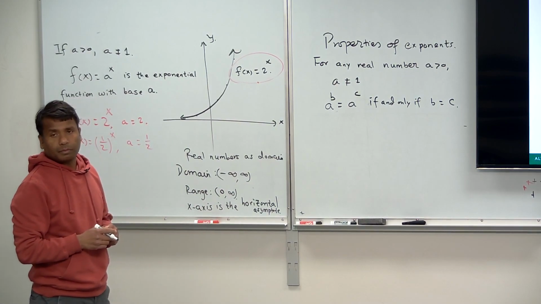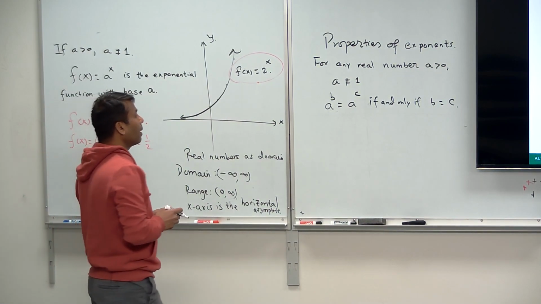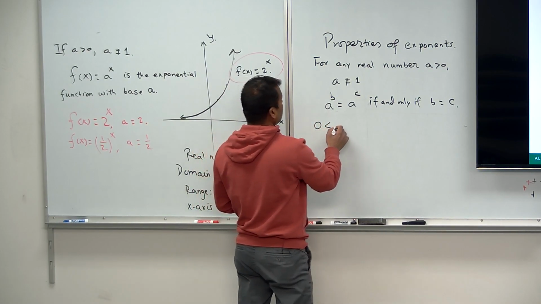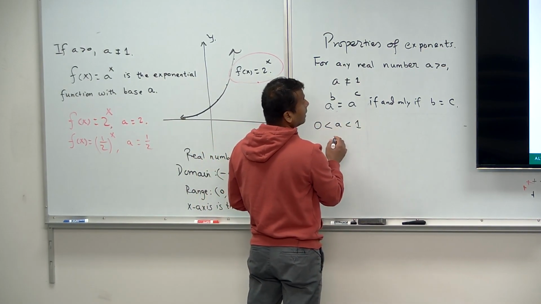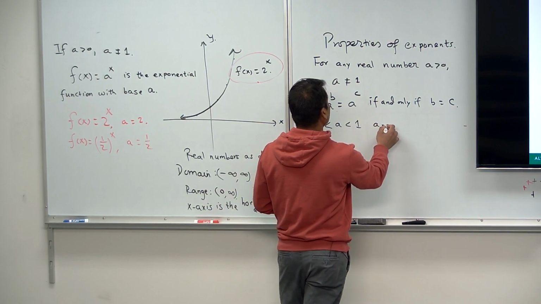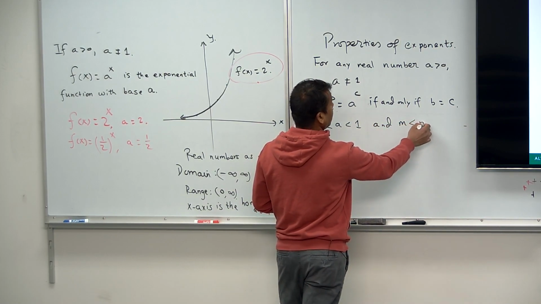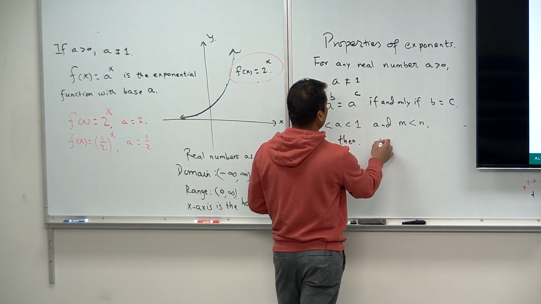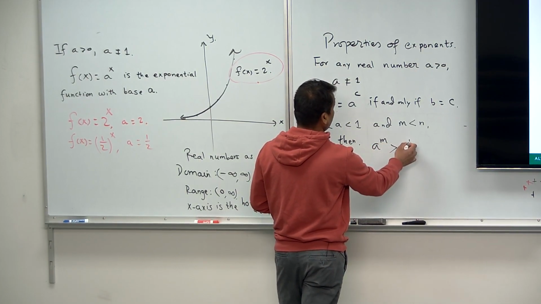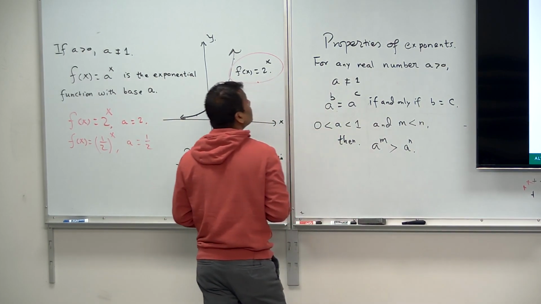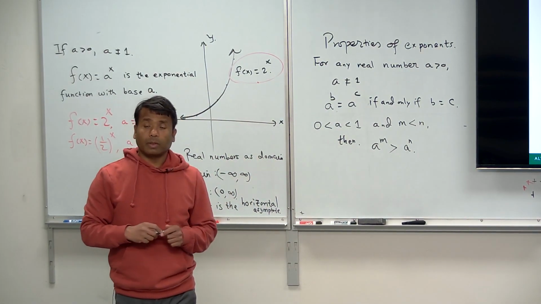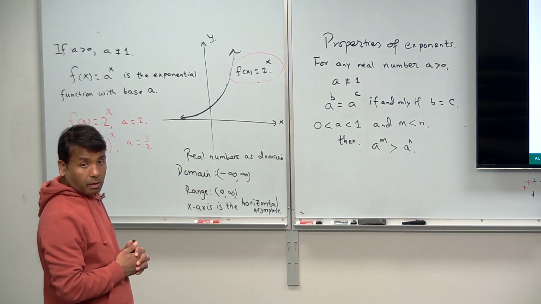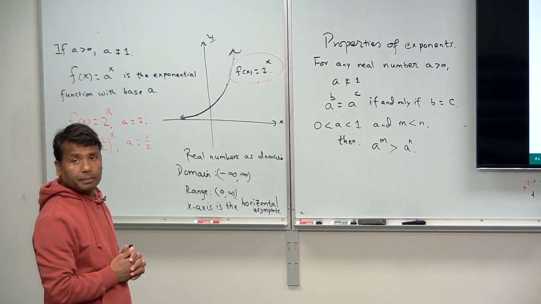Okay, and then if you have 0 less than a less than 1 and m is less than n, what will happen? Then you will have a to the power m is greater than what? A to the power n. So these are the important properties of exponents.